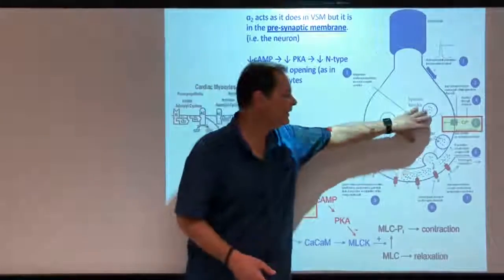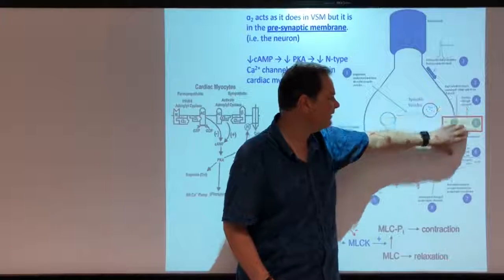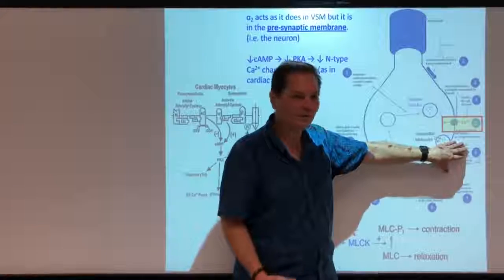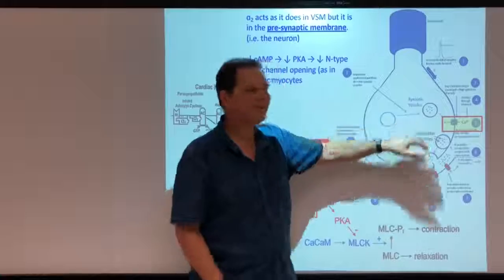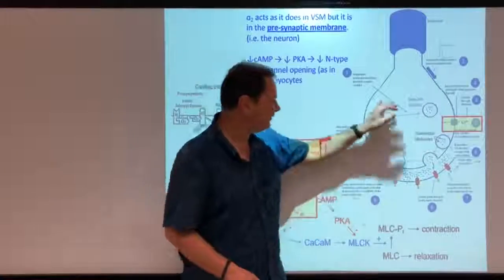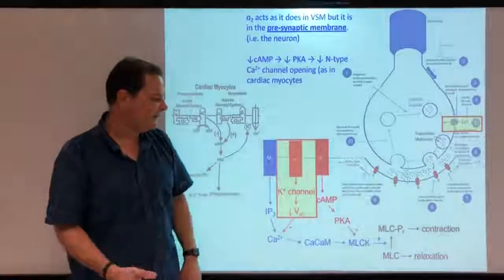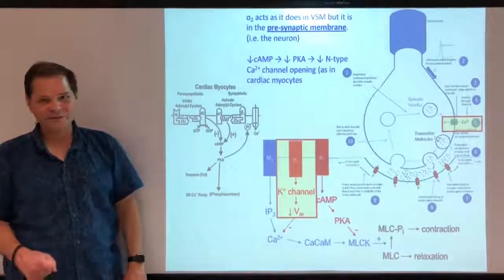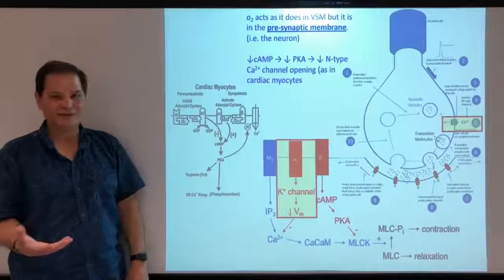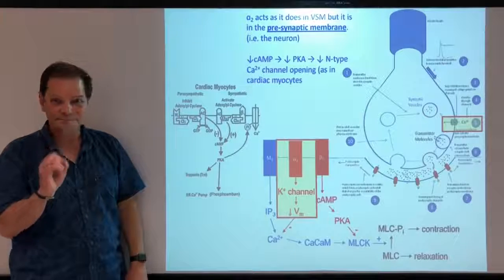The same thing is happening here. We're decreasing phosphorylation of N-type calcium channels, voltage-gated calcium channels. That's causing a decrease in calcium influx, and everything flows from there. Decrease neurotransmitter release, decrease GI smooth muscle activity, because we have less ACh. All right? Okay.